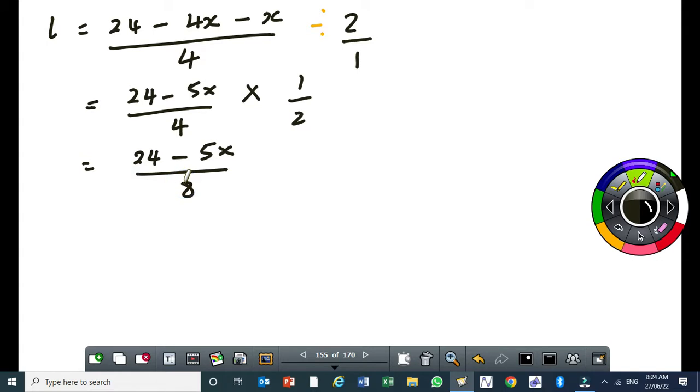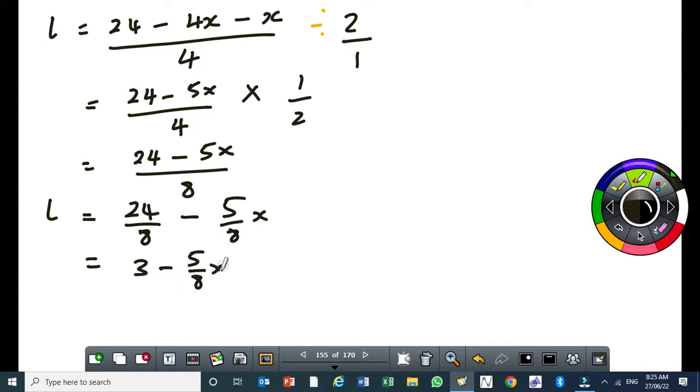And we can simplify this further and write the numerators under the same denominator separately. So this will be 24 over 8 minus 5 over 8x. And this will give us 3 minus 5 over 8x.